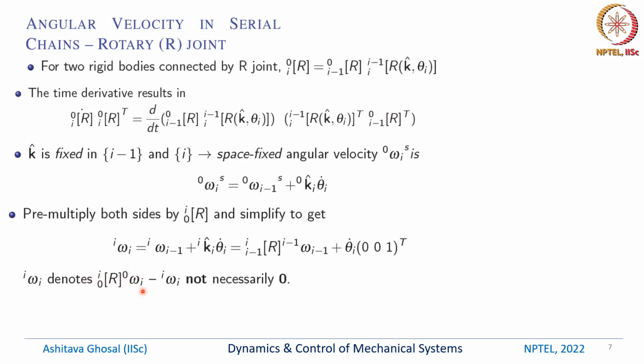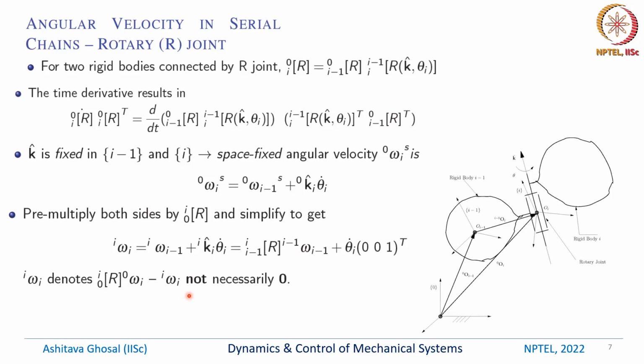We know what ^0 omega_i is: it is nothing but this R dot R transpose, and we want to pre-multiply by ^i_0 R, and that is what we denote as ^i omega_i. It is not necessarily 0. We will take a look at the next few slides to give a more interesting interpretation of what ^i omega_i is and why it cannot be 0 all the time.